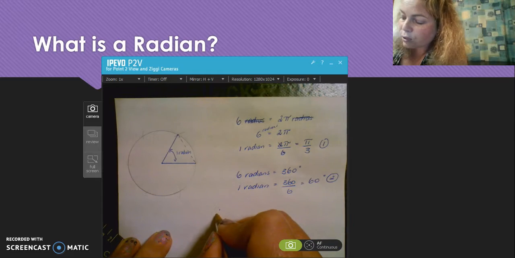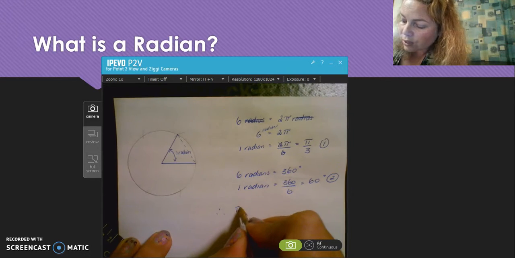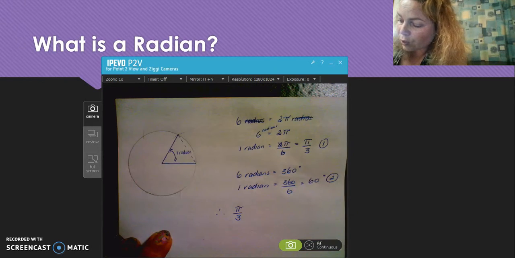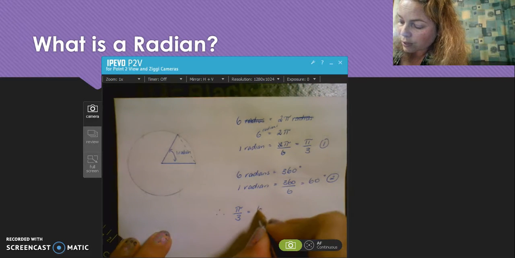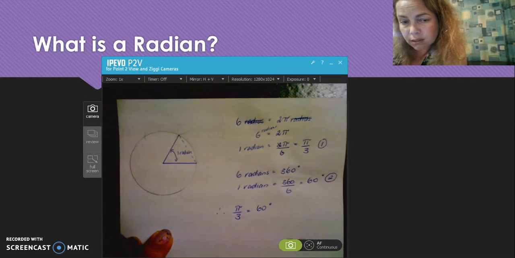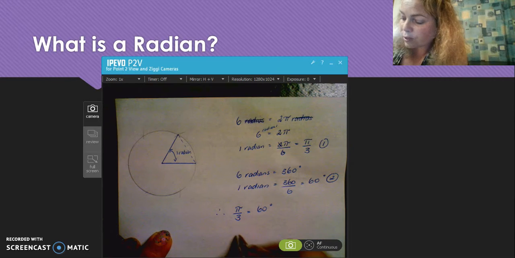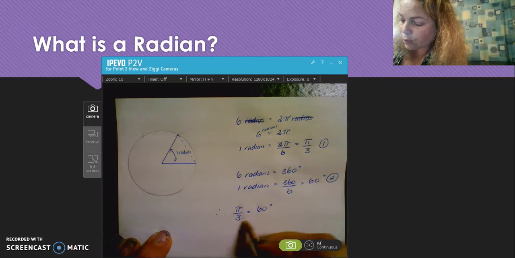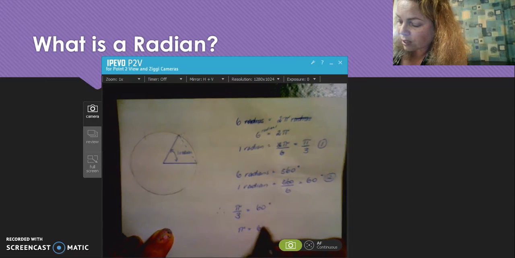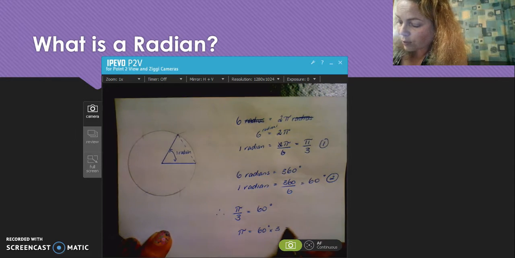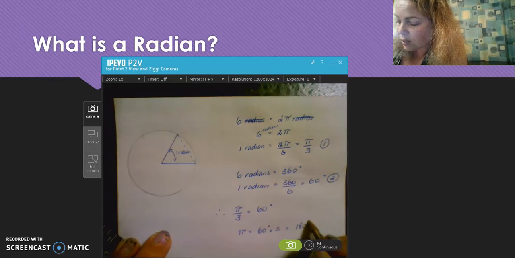So I can therefore say that pi on 3 is equal to 60 degrees, and therefore pi will equal 60 degrees times 3, which is 180 degrees.